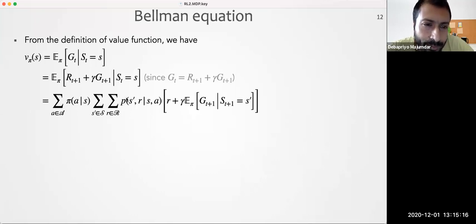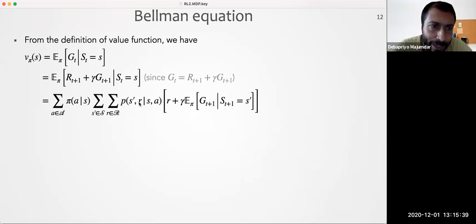My probabilities P give me, now I am at S, taking action A, the probability of S prime and R. And since I'm summing over that, R is next R, this plus gamma times... Now I simply have the expected E pi of G T plus 1, this, right?